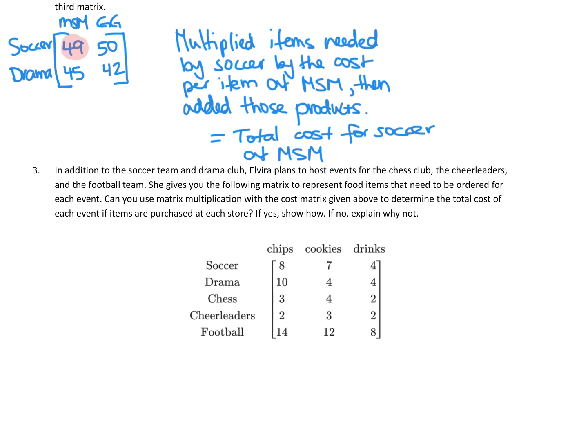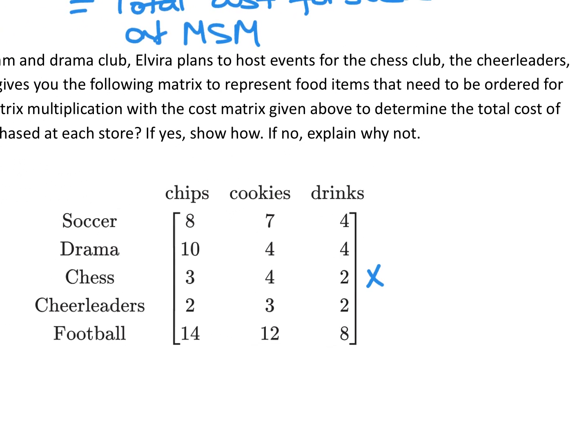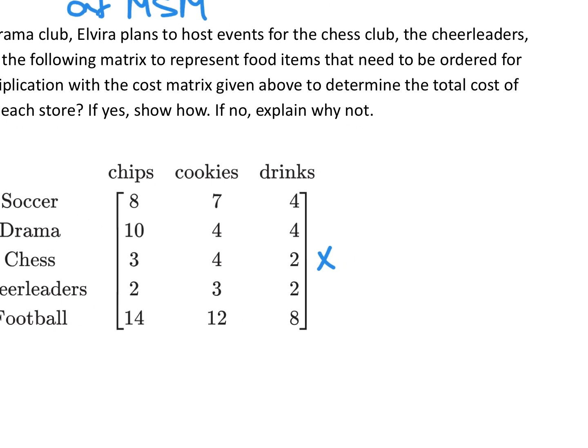All right, so we want to do what we just did, but now we're including 3 other groups in the calculations. So can we do this? Can we multiply this items needed by our cost matrix?